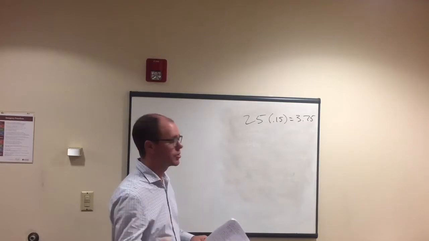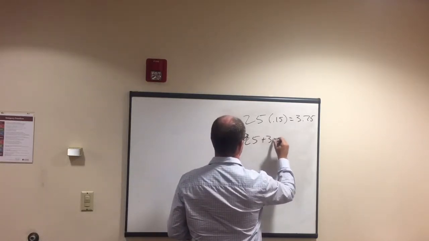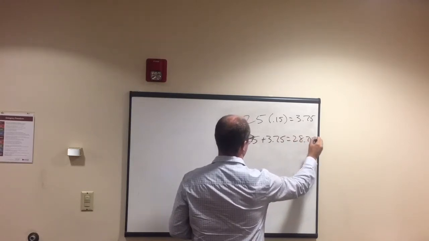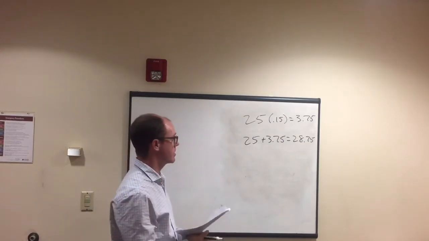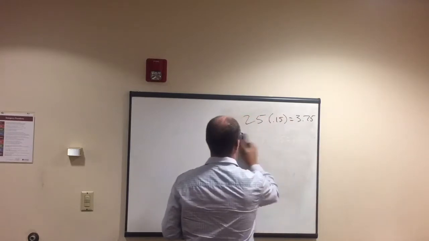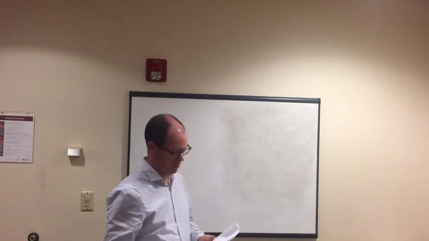Usually it says how much is the new total, and so then we have to add 25 to 3.75 to come up with a total of $28.75. So just make sure, read the question carefully, and that's how you do tip problems.